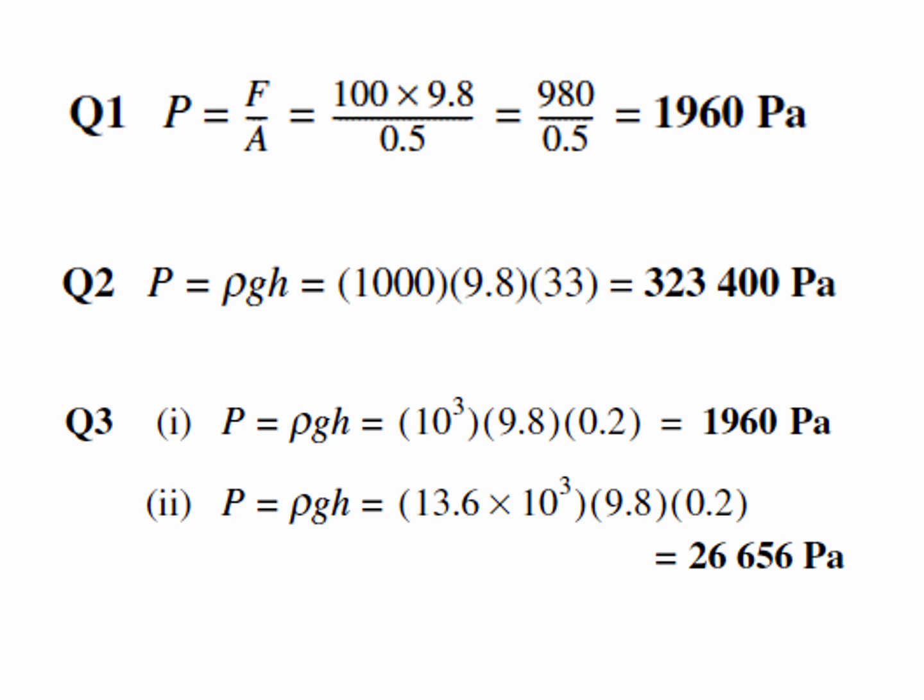Question 2 then asked us to find the pressure due to the water at a depth of 33 meters in water, and they gave us in brackets there the density of water being 1000 kilograms per meter cubed. So here we have a liquid, we have a depth or a height, and we have a density.